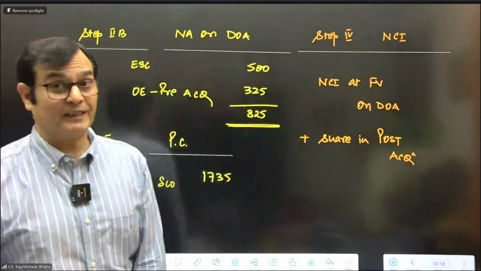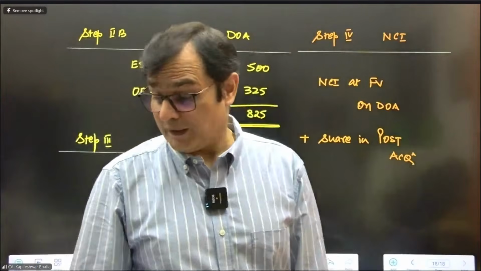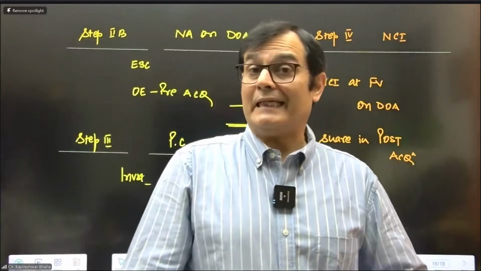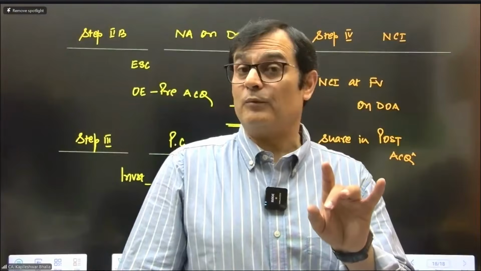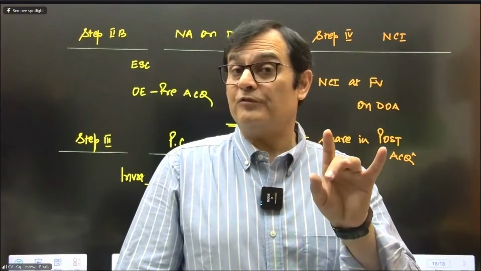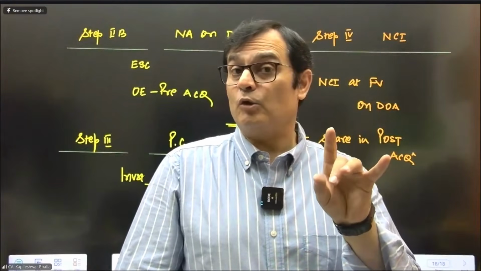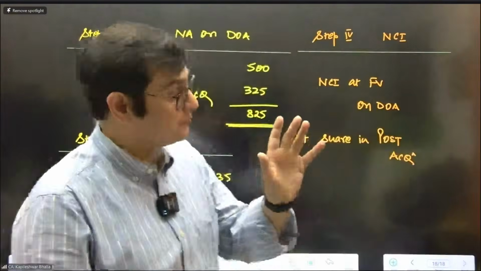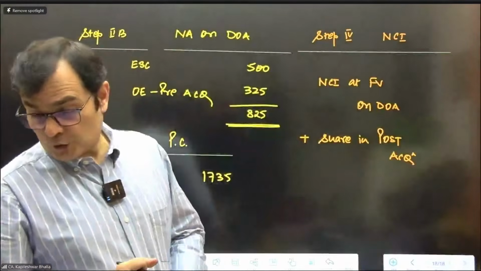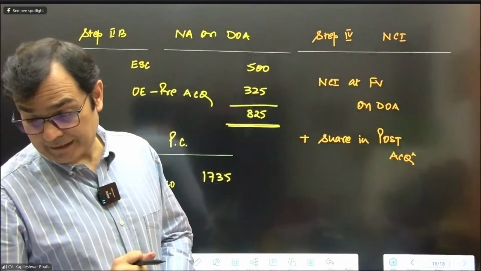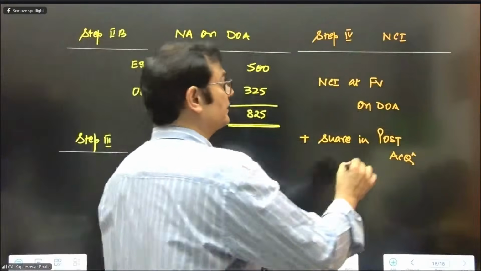And lest we forget, there is a goodwill impairment which is stated, and since the NCI is at fair value, the goodwill is supposed to be full, so the NCI would also bear a share of the impairment. NCI, I'm given in point number 3, says the fair value of the NCI is 380.